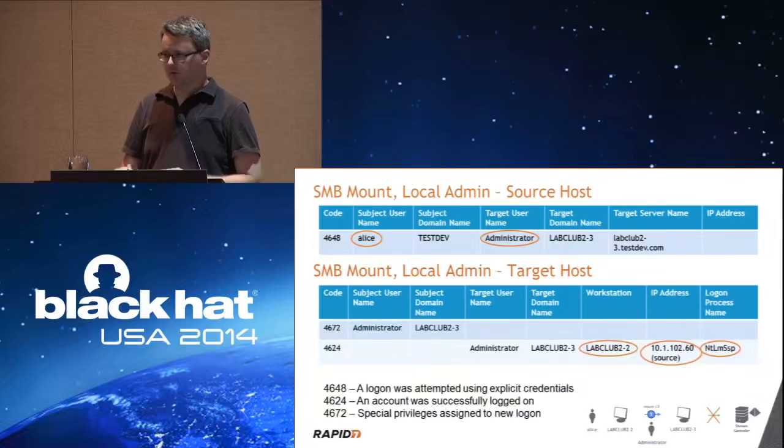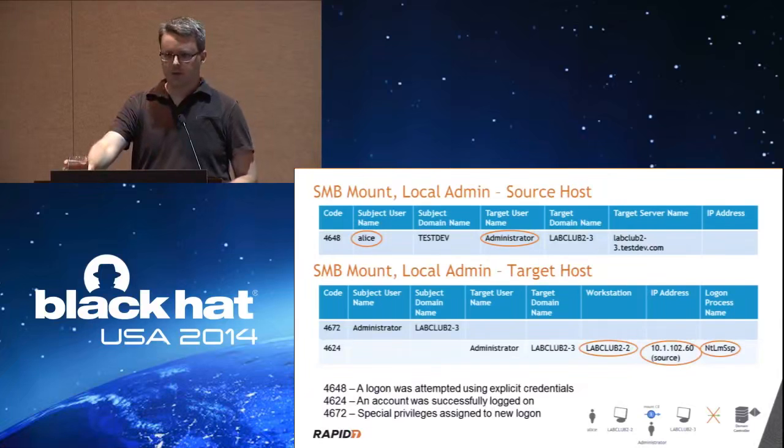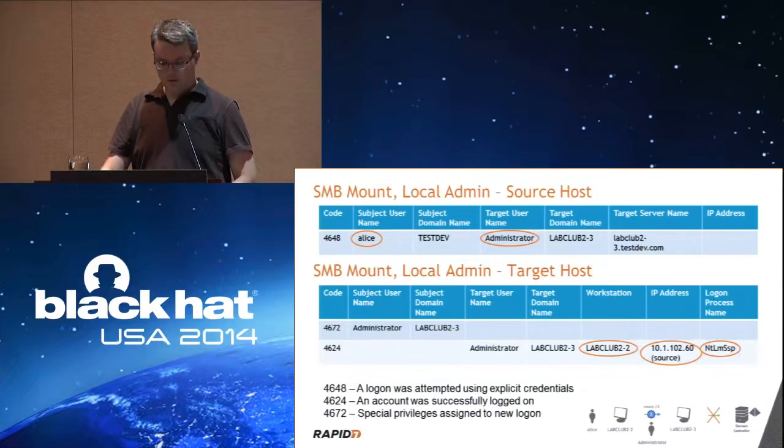You get the source, you get the same process, you get a valid workstation ID or name. It looks exactly like what we saw in Metasploit, other than the fact that the workstation name is valid. So in this case, because it's an authentication to a local account, there is nothing left on the domain controller at all. And that's it.